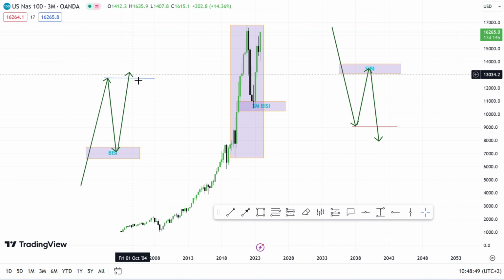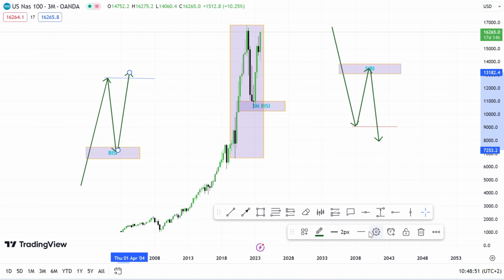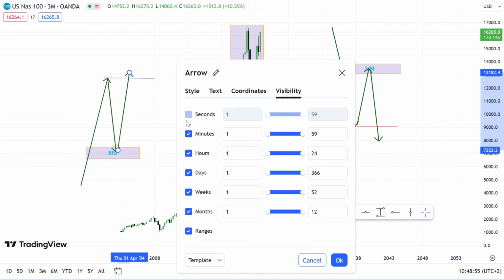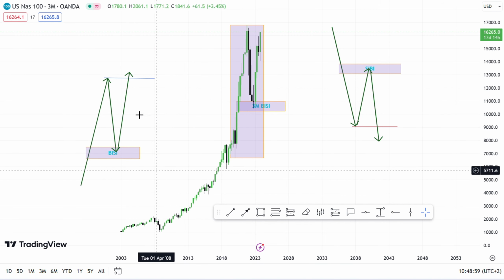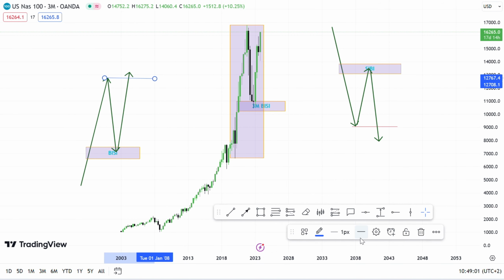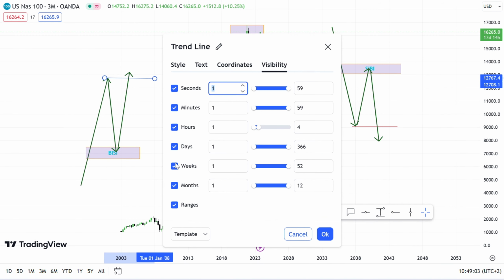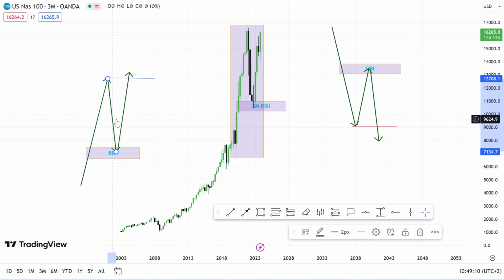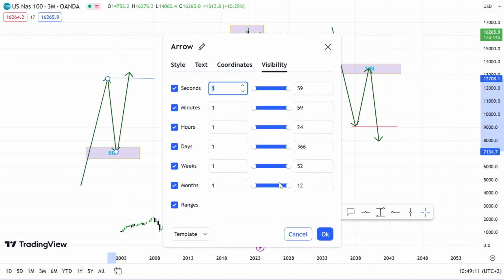Let me fix the visibility of this so we know that it's going to stay on the higher time frame that we're busy with, so that when we come back to this higher time frame and fully focus on it, you know that I'll be explaining using this analogy again. Okay, this arrow again, leave it to months.